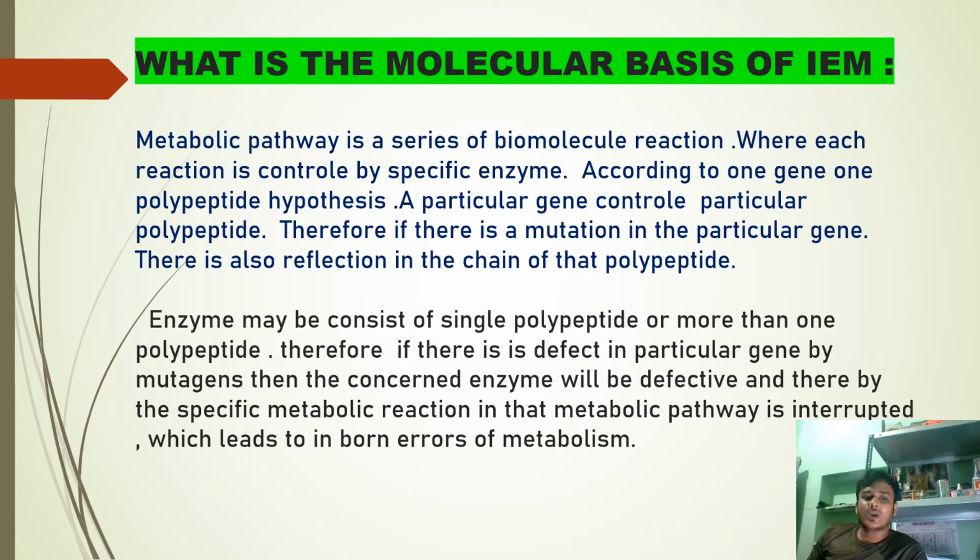You already know an enzyme is protein in nature, so an enzyme may consist of a single polypeptide or more than one polypeptide. Therefore, if there is a defect in the particular gene by mutagens, then the concerned enzyme will be defective, and thereby a specific metabolic reaction in that pathway is interrupted, which leads to inborn errors of metabolism.